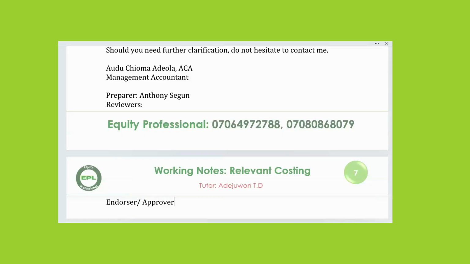So depending on the kind of report you are writing and the purpose of that report, this is what you need to do in practice. Each of them you write the name of the person that prepared it. The person will sign by his or her name. The reviewers will also write their names and then sign. So when that is done, you can then send the final report to the head office or to the management.